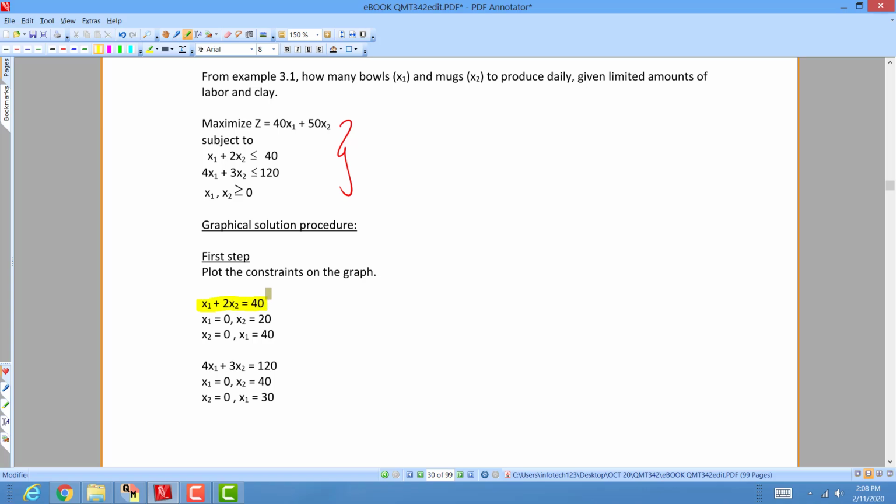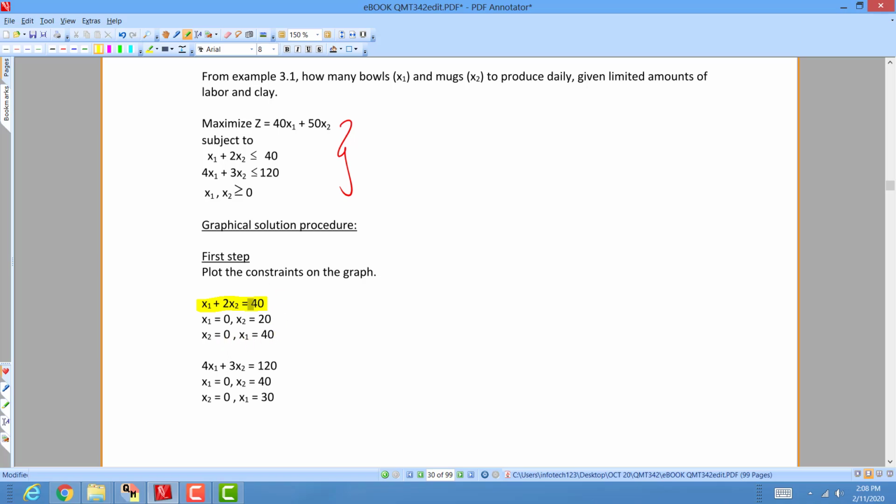Okay, by looking at this equation, you need to find one line. So I just change, if my x1 equal to 0, my x2 will be 40, divide by 2, it will be 20. And when x2 is 0, x1 will become 40.